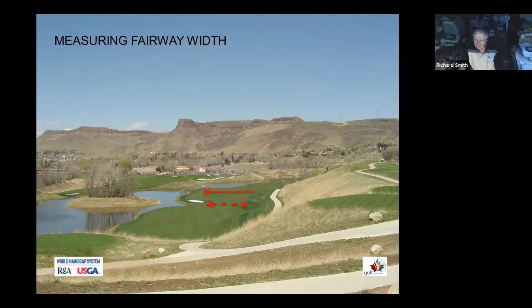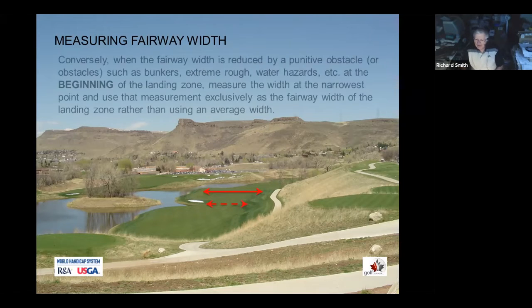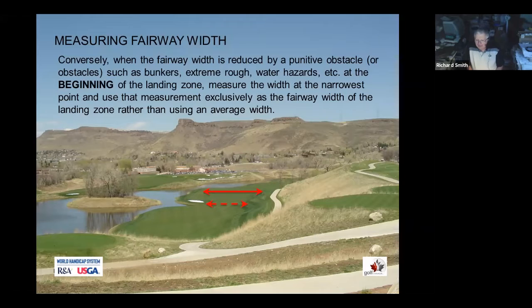But if the landing zone were a little farther along and the beginning was right at that bunker and the end of the landing zone was further along, we would take the width at the narrow part, because the chances of the ball ever getting into this part are pretty slim, because it would be landing probably right at the bunker, most likely to land in the bunker.